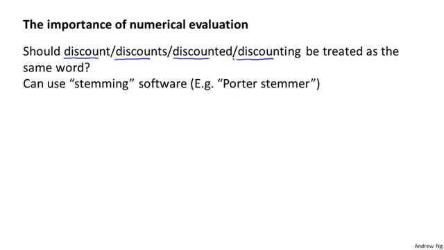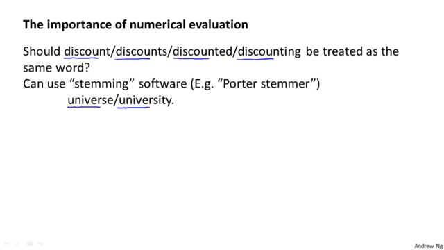But using stemming software that basically looks at the first few letters of a word, more or less, can help but it can hurt. And it can hurt because, for example, the software may mistake the words universe and university as being the same thing because these two words start off with very similar characters.